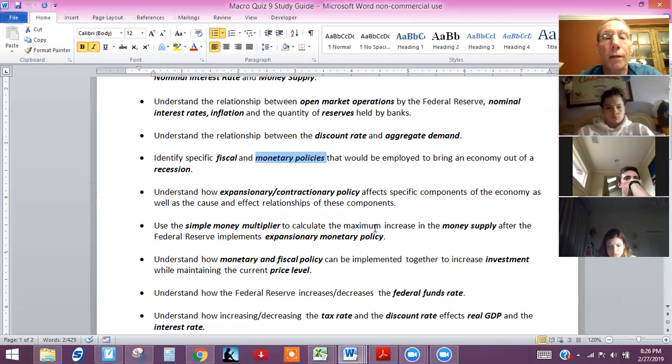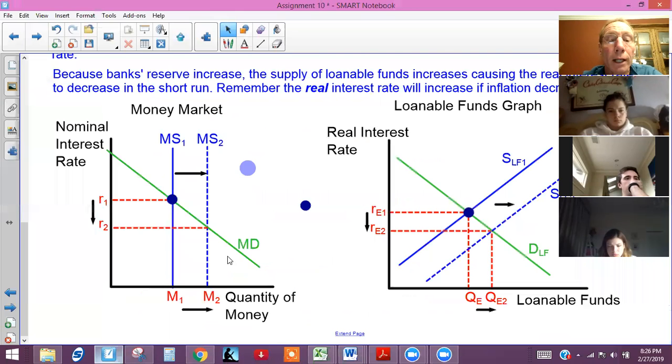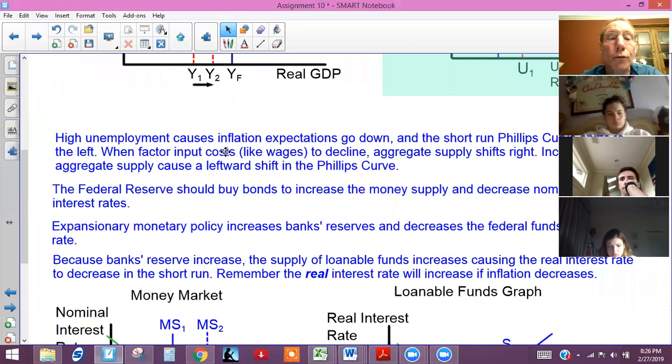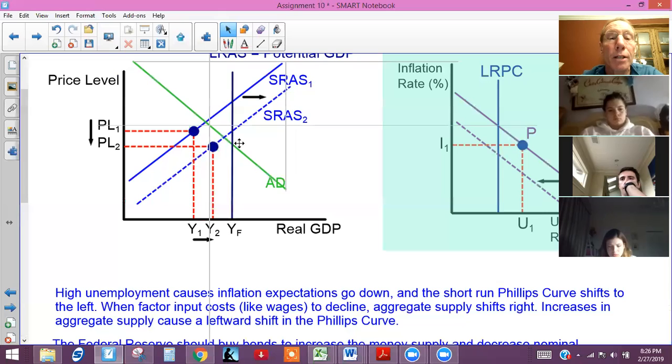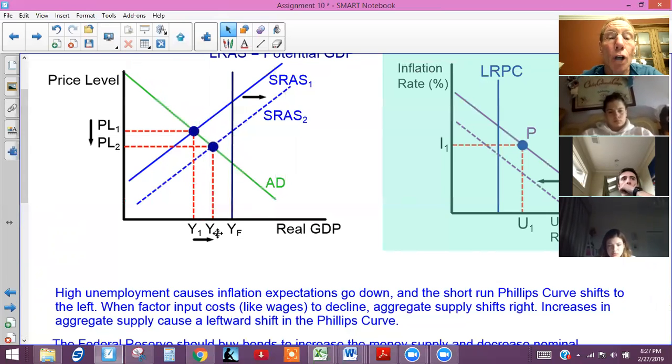Well, that means that if the government spends more, aggregate demand is going to shift to the right, which means that price goes up, which may cause inflation. It means that output goes up and unemployment goes down, because as we move, this is full employment, this is not full employment.